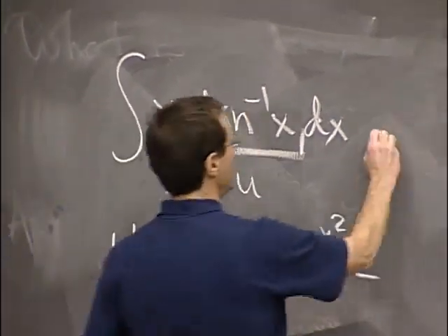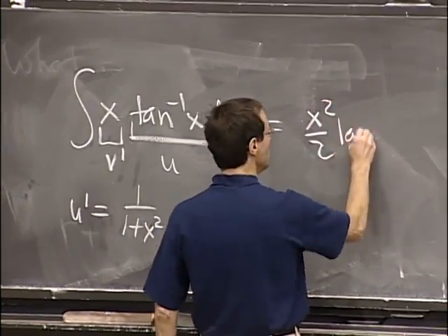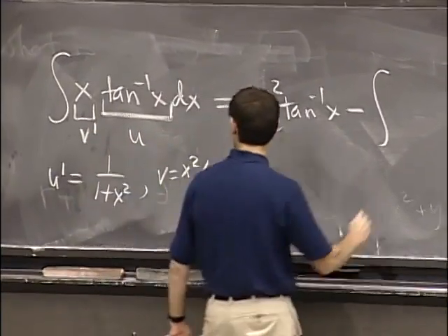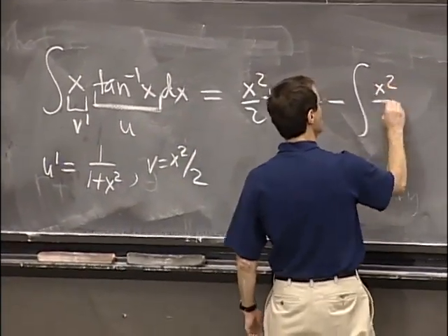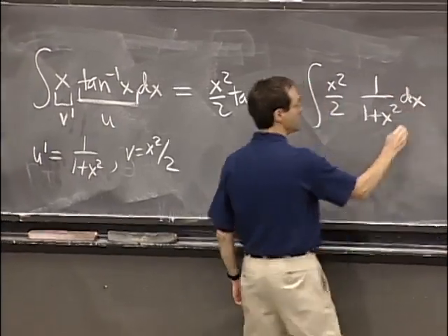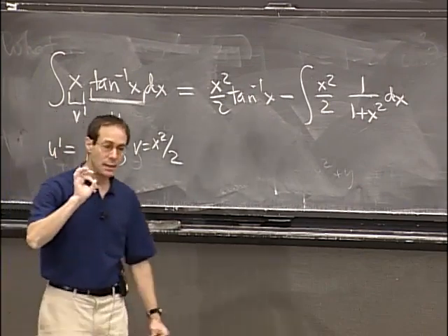All right? So the answer is now x squared over 2 tan inverse x minus the integral of this guy, which is going to be x squared over 2, and then I have 1 over 1 plus x squared dx.